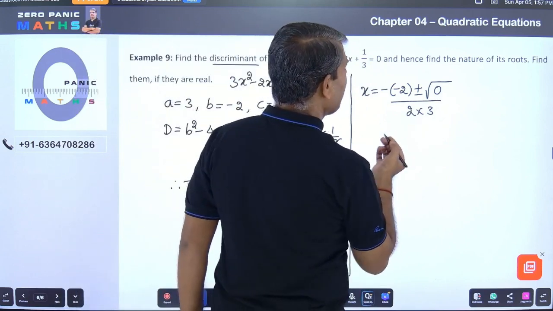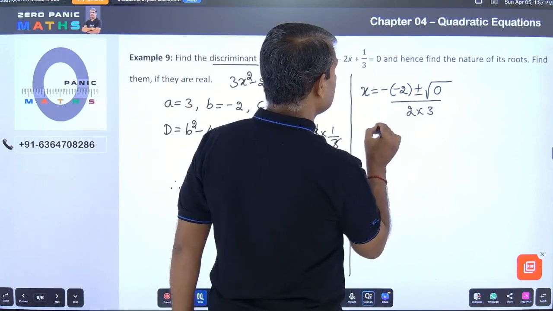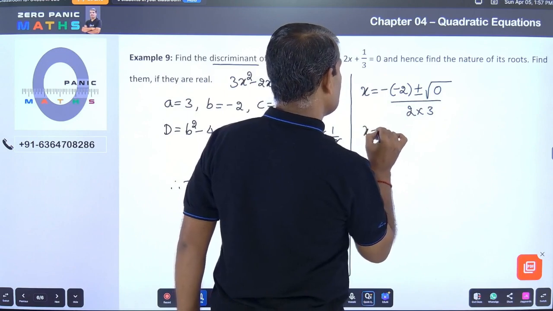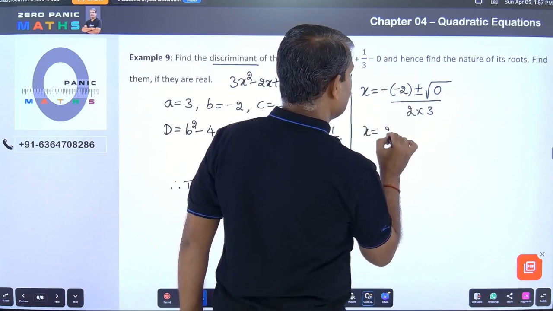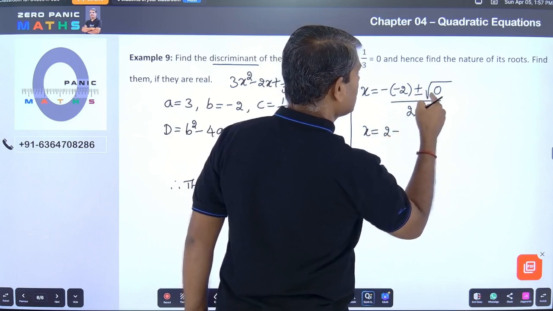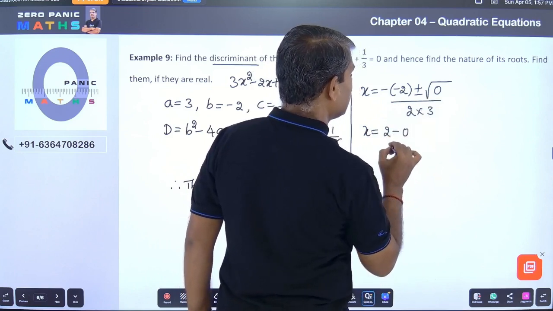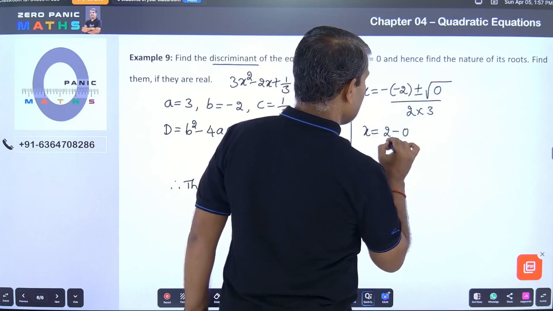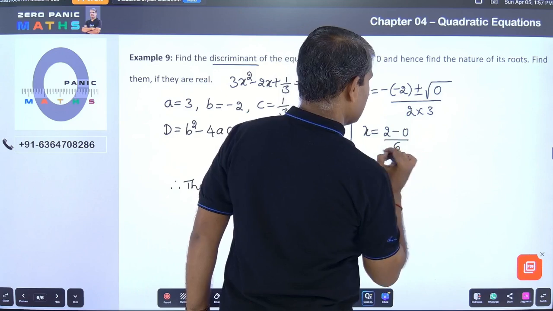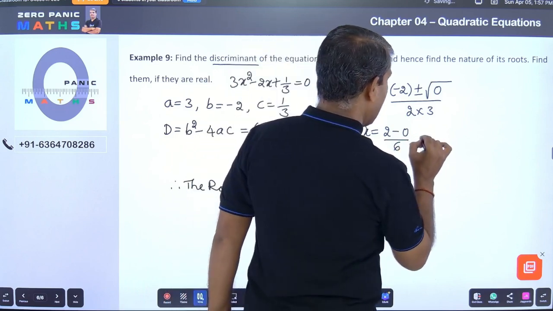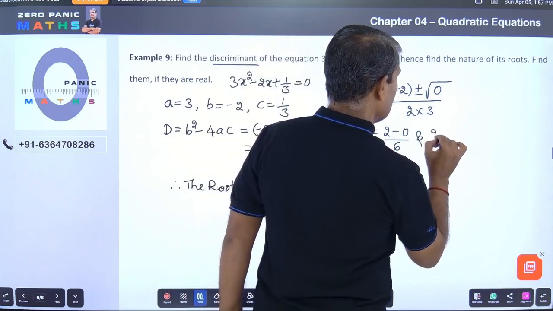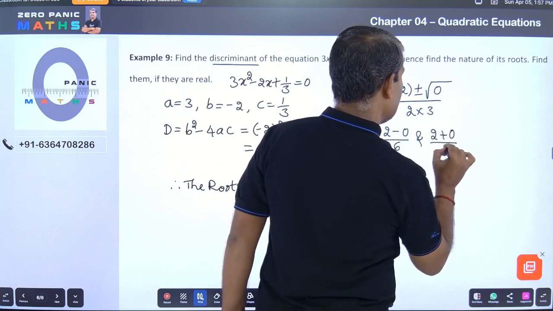So what are the two roots? x is equal to 2 minus square root of 0, divided by 6, and 2 plus 0 divided by 6.